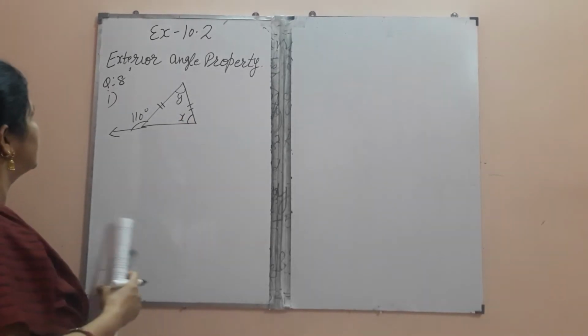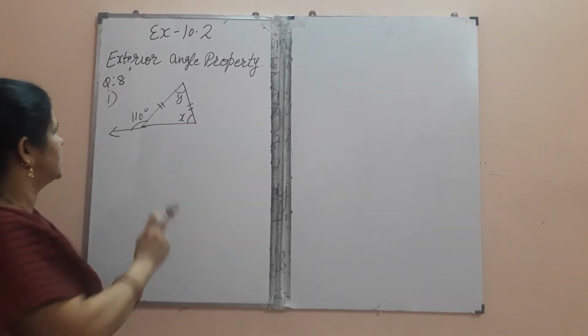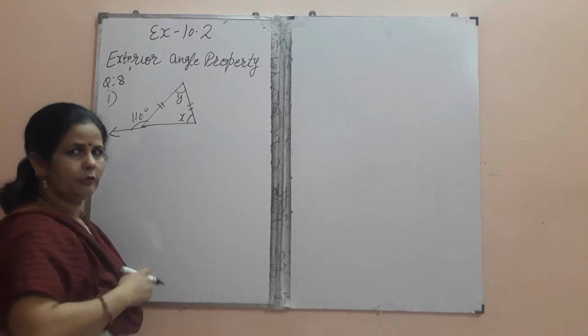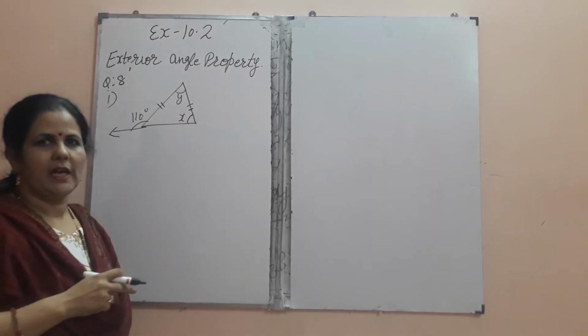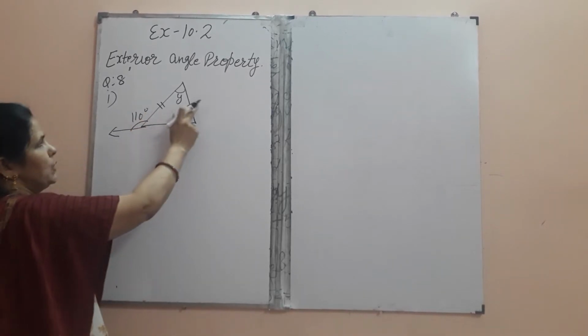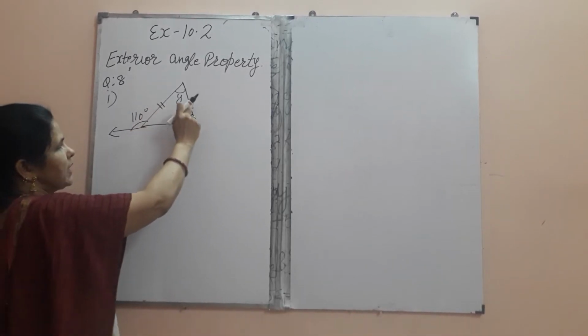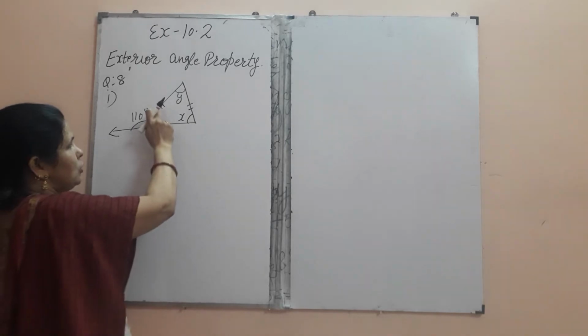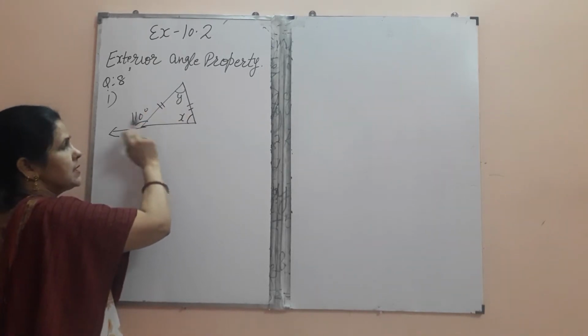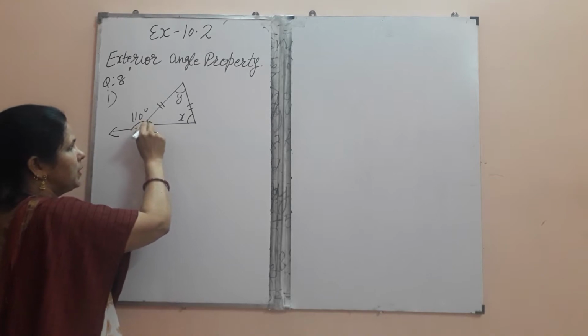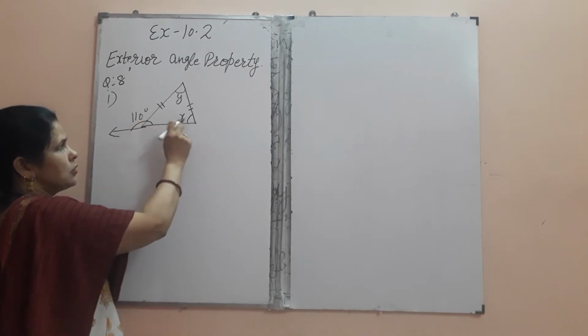Now, in this we will use two concepts. First is the exterior angle property, and we will also use what I told you in the previous lecture: if two sides are equal, then their opposite angles will also be equal. So the opposite angle of this side is this, and the opposite angle of this side is this. So this will also be equal to this.